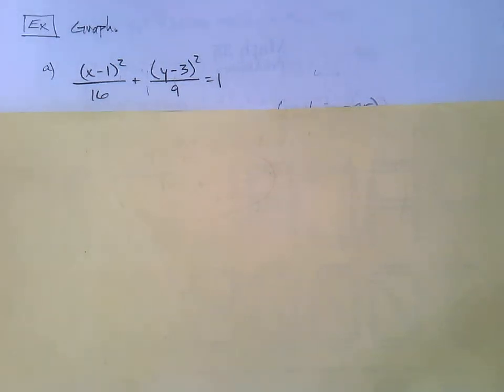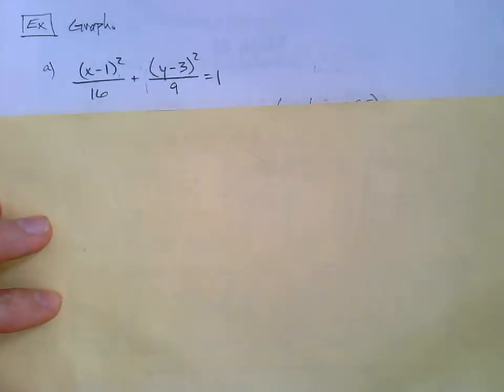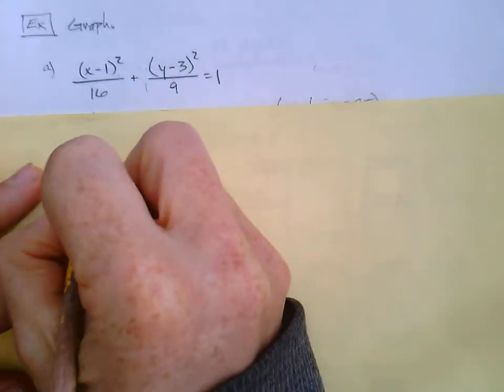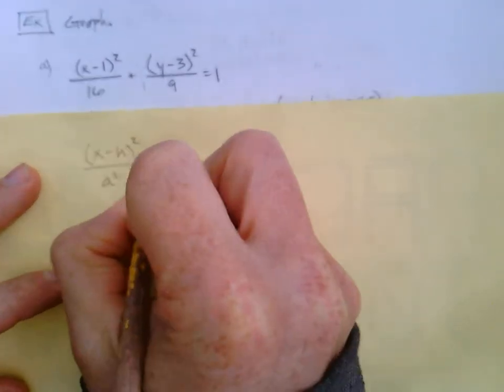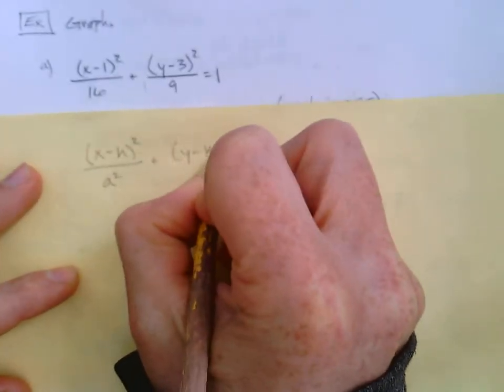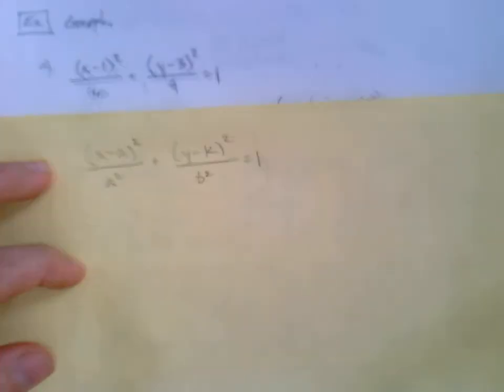Let's check this out. So this one is in the standard form already. X minus 1 squared over 16 plus y minus 3 squared over 9 equals 1. If you remember the standard form, it's this. Okay.